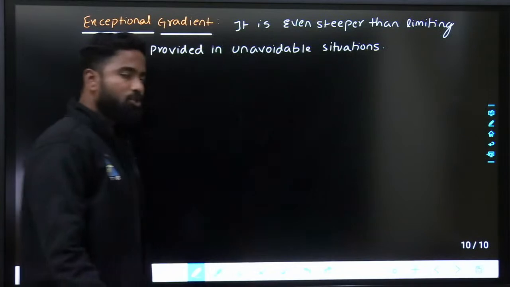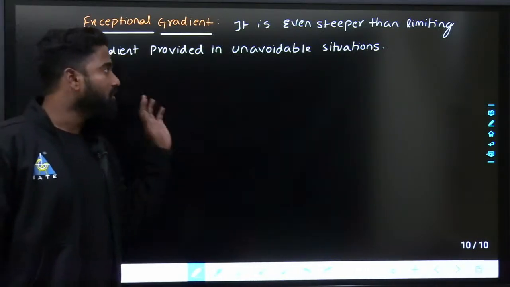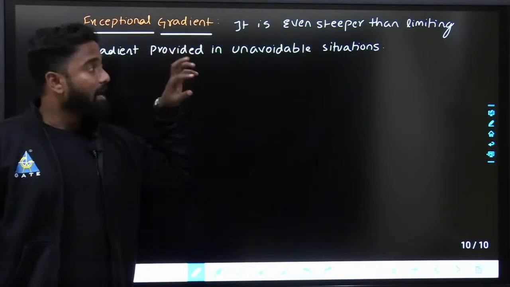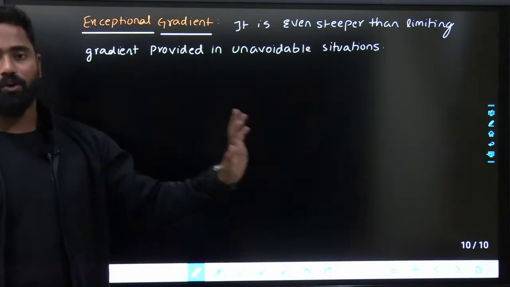Unavoidable situations means you can't provide limiting gradient or ruling gradient over there, then you will provide exceptional gradient. It is steeper, it is not safer, but you don't have a choice. That's why you will provide that.